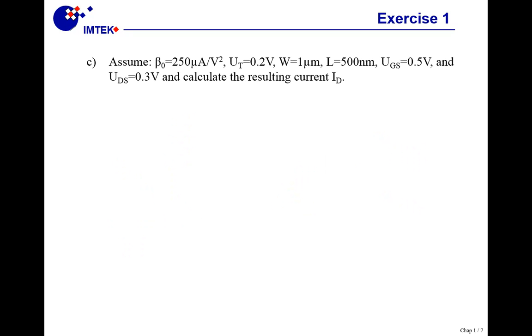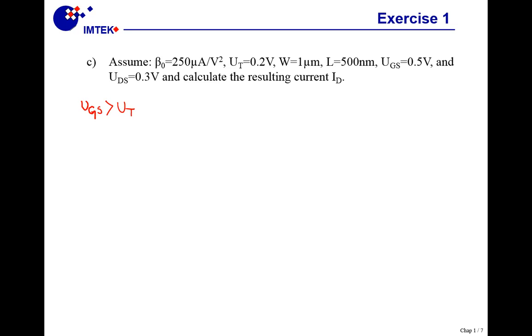Now this is a calculation exercise, the third part of the second question. They give you beta, the threshold voltage, the dimensions of the transistor, the gate source voltage, and the VDS, and they ask you to calculate the current ID. The first thing we have to do is know in which region our transistor is operating. First we check if it's on: VGS has to be larger than VT.